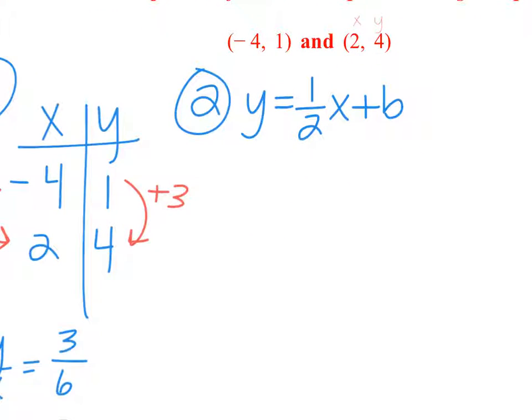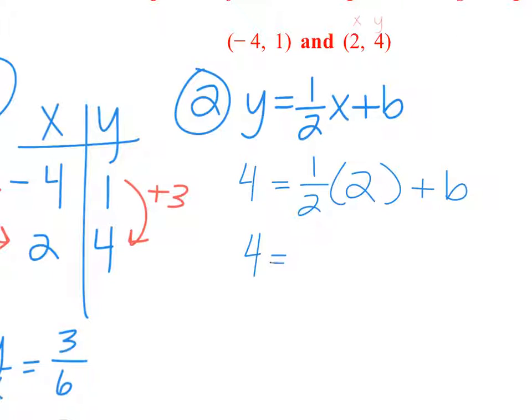Plug it in. What do I put instead of y? 4. 4 equals 1/2 in parentheses. What do I put for x? 2 plus b. Multiply. What is 1/2 times 2, or half of 2? 1. Good. We can't be scared of fractions today. They are our friend.